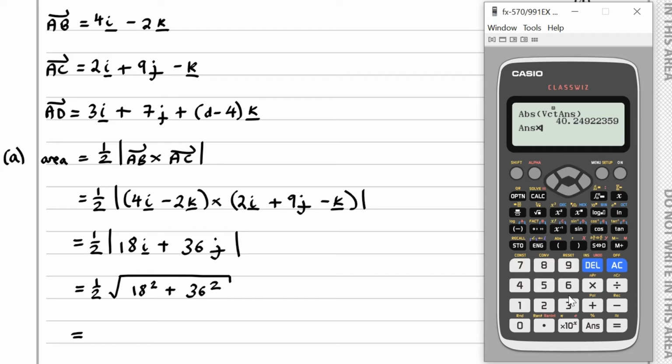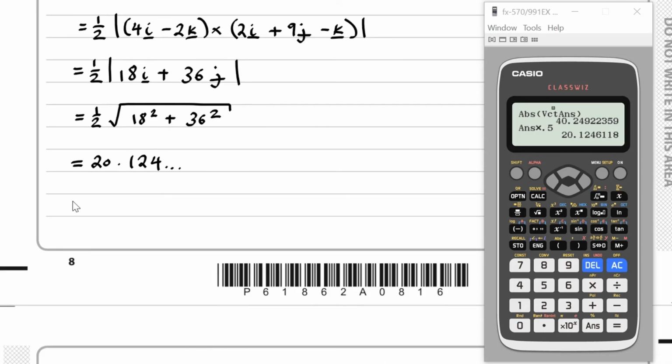And if I multiply this by 1/2, it turns out we get 20.124, etc. So therefore we end up with 20.1 centimeters squared to 1 decimal place. Okay, so that's that done.